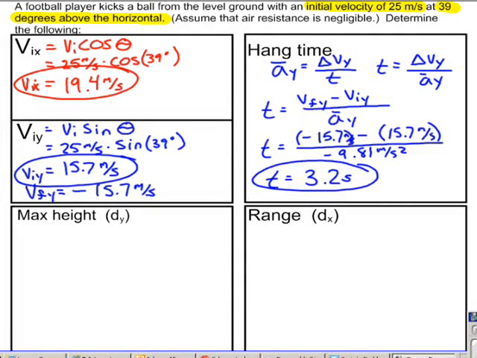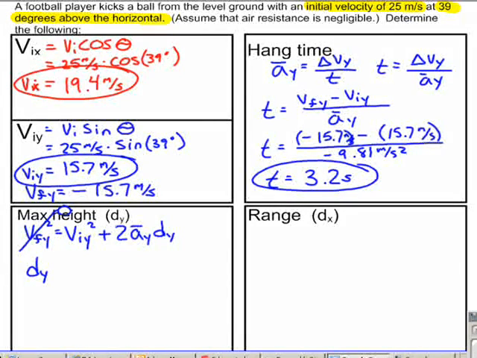Now there's a couple of different ways that we could solve for maximum height. I'm going to choose to use VFY squared equals VIY squared plus 2a sub y d sub y, where we know that the final velocity in the y direction, if we consider it to be the top, is 0. Now rearranging to solve for d sub y, we get d sub y equals negative VIY squared divided by 2a sub y.